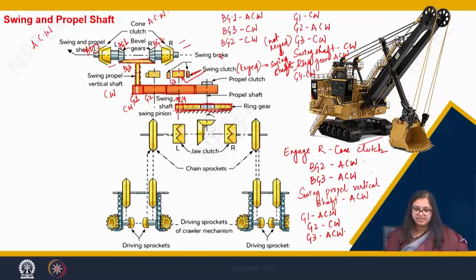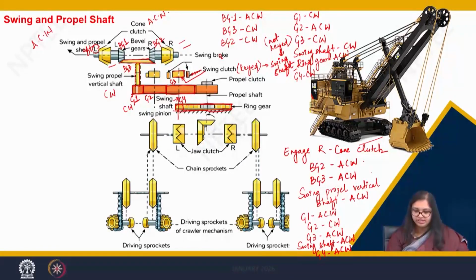So, due to the anti-clockwise direction of G3, when the swing clutch gets engaged to the G3, at that time my swing shaft will also rotate in anti-clockwise direction. So, that leads to my G4 also rotating in anti-clockwise direction.